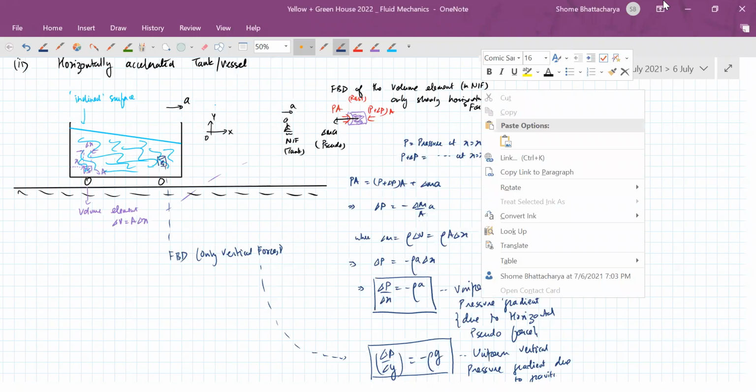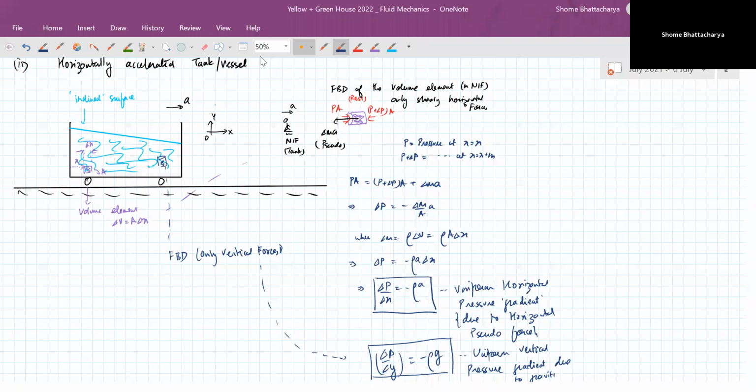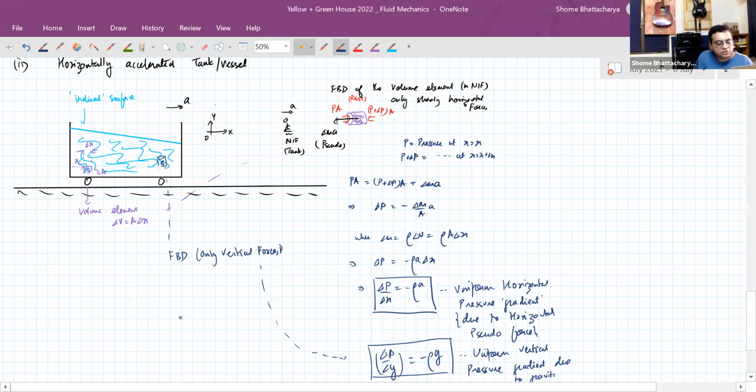So hope this part is clear. The free body diagram of this other volume element will also look very similar to what we have done before. Since we are considering only the vertical forces on this, horizontal forces we have taken care of in that free body diagram, vertical forces in this one.